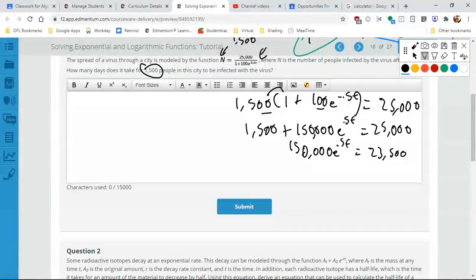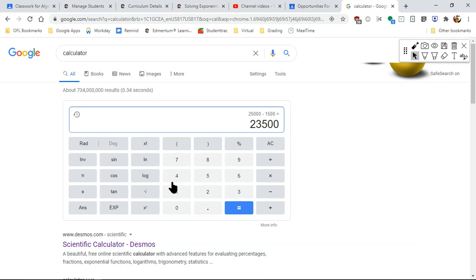From here, we have to divide. So I'm going to divide this by 150,000. We're going to get a decimal from that. Divide 23,500 by 150,000.